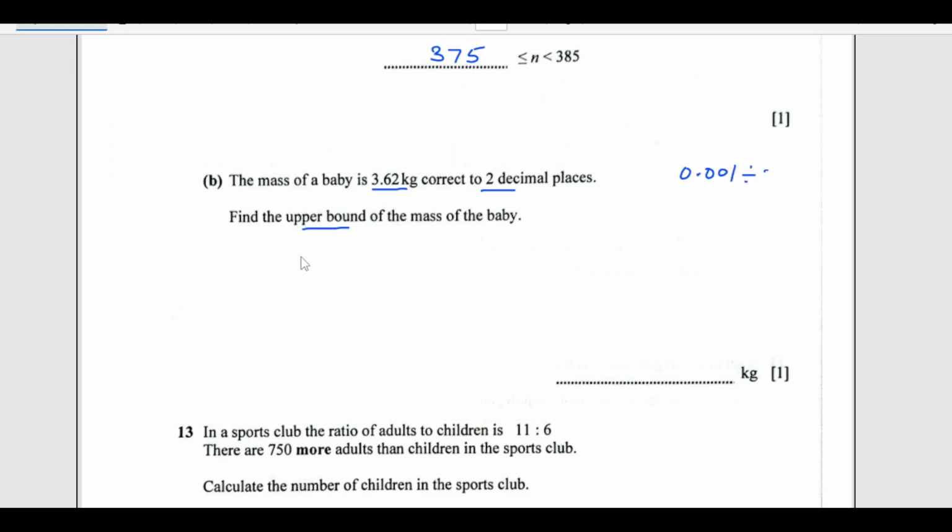If you divide it by 2, this is going to become, wait a minute, 0.01 divided by 2, we get here 0.005, I think. Just a minute, let me confirm.